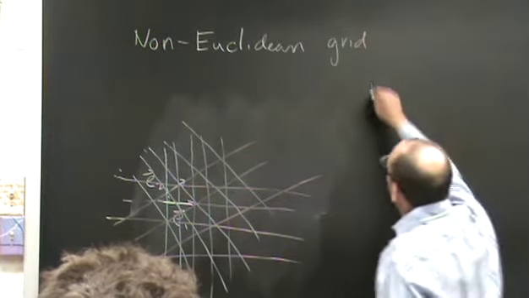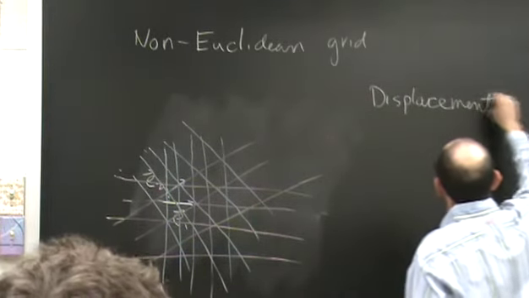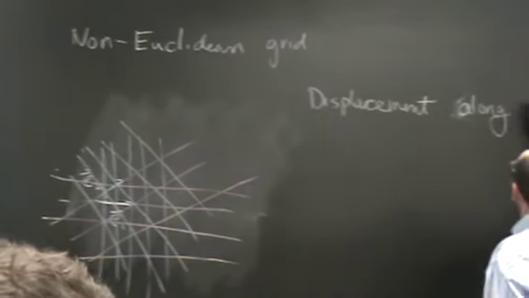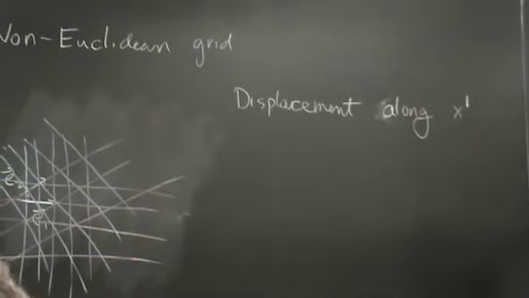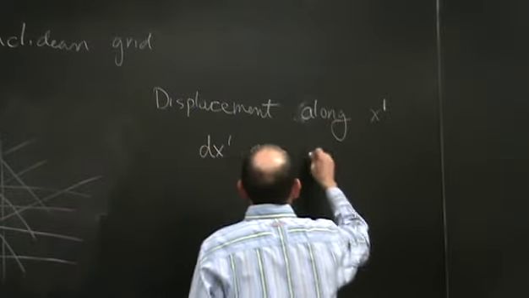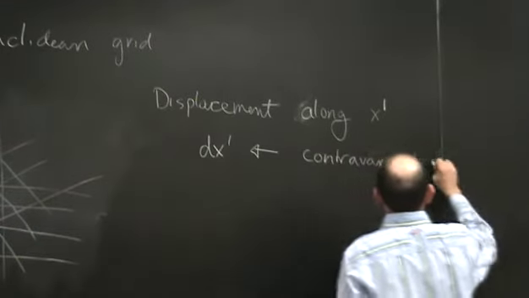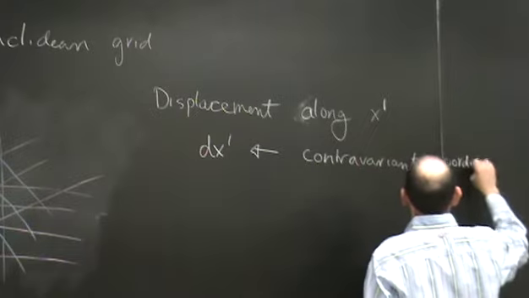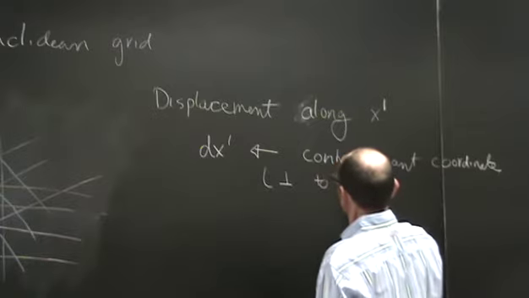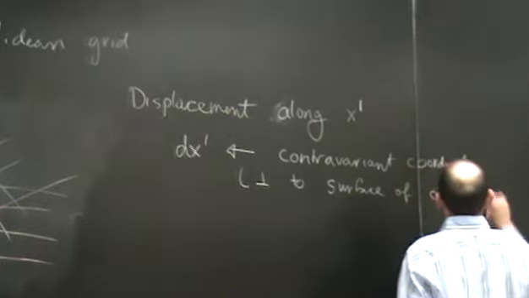So a displacement along x1, these are contravariant coordinates because they are perpendicular to surfaces of constant x1.